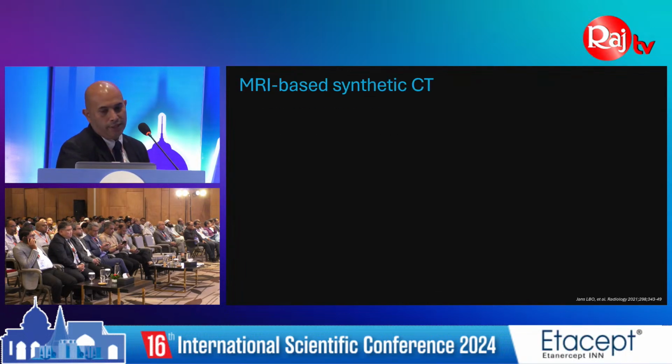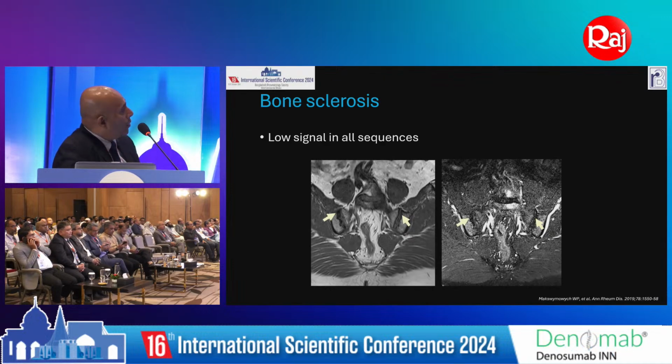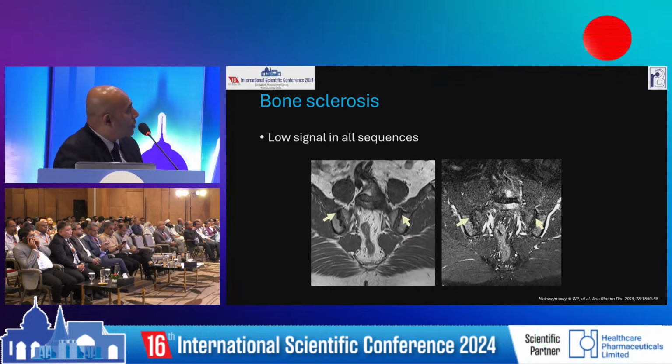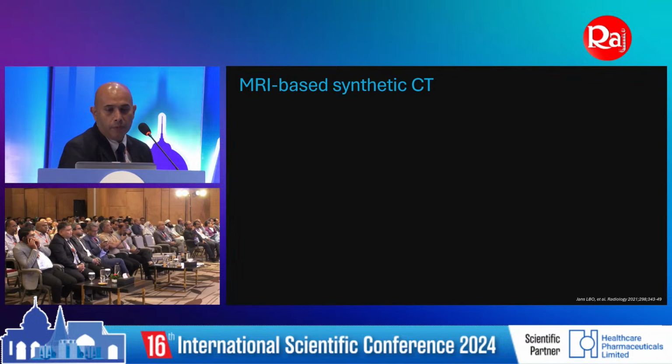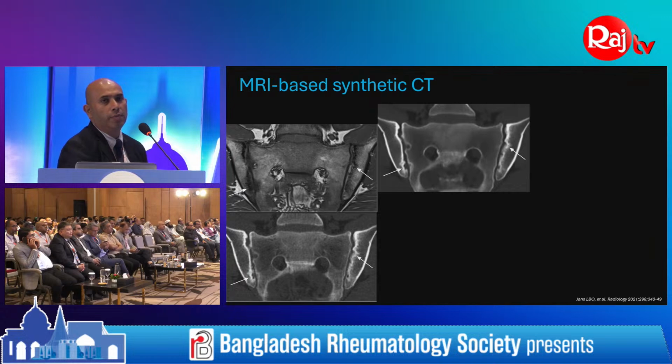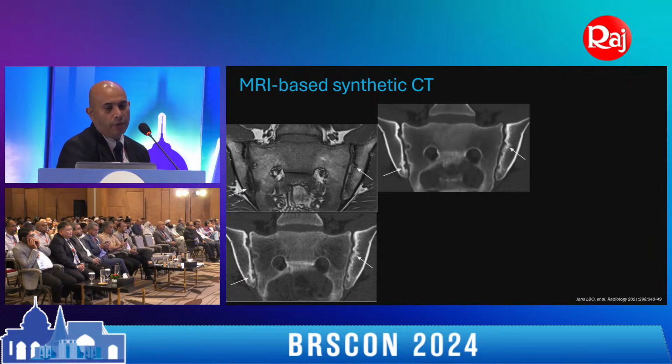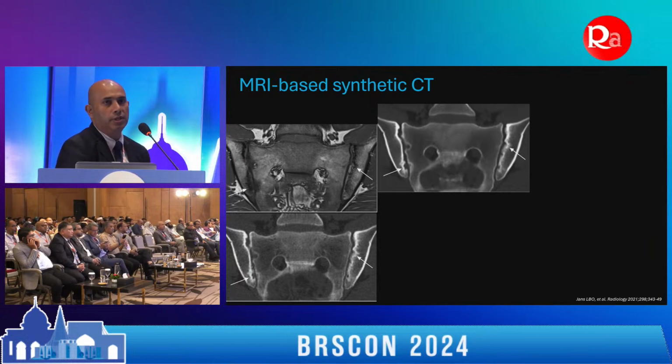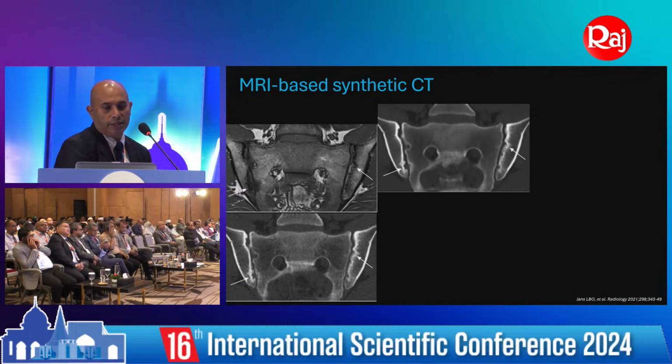Bone sclerosis is quite common in women, where you have both the sequences showing a low signal. Now, MRI-based synthetic CT is something I was talking about initially, which has just come up. This was for the SI joint, a study done by the Belgium group, with Lennart Jans as the author.